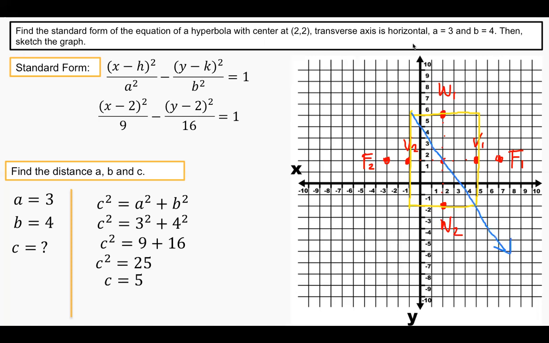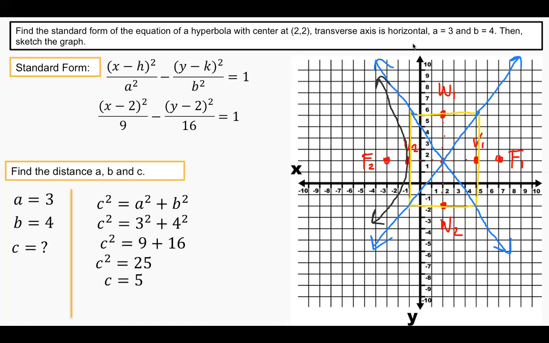So this is our first asymptote and our second asymptote. Then we can now sketch the graph of the hyperbola, asymptotic to those lines.